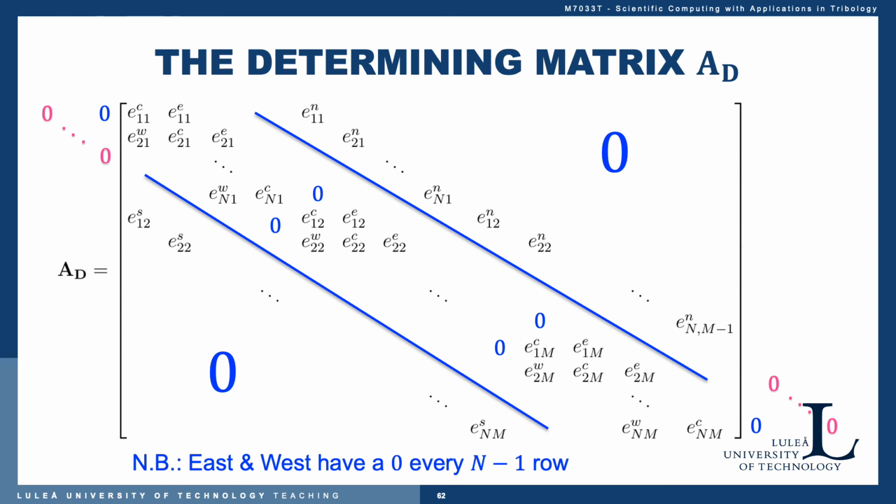And this actually means that there will be a zero vector preceding the diagonal for the south indices here, and there will also be one that comes after the diagonal for the north indices, as you can see here, a vector with zeros, because those indices have been moved over to the right hand side.